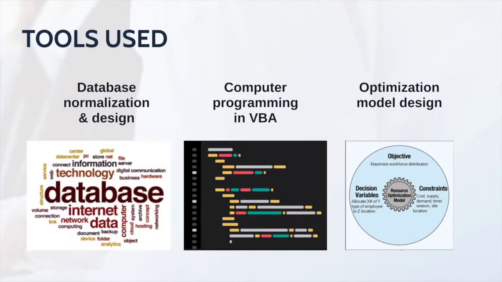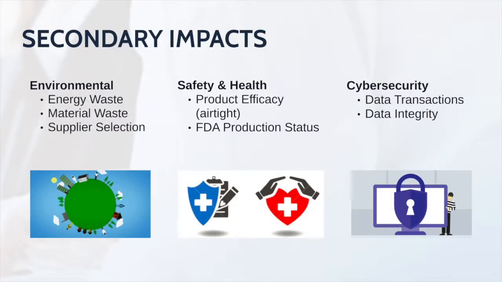Throughout this project, we utilized many database management skills from IME 312 to design our database, computer programming skills to create the validation tool, and operations research skills to develop the optimization model alternative. Secondary impacts we must consider throughout the project include environmental, safety and health, and cybersecurity impacts.